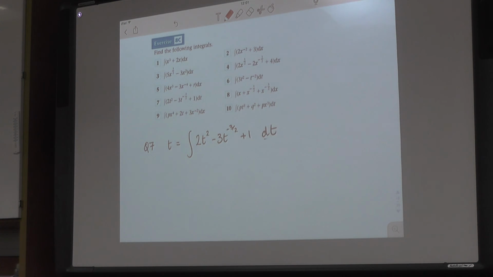And notice it says with respect to t. So you're treating t as the variable, and we go about it in exactly the same way. Add 1 to the power, divide through by the new power.